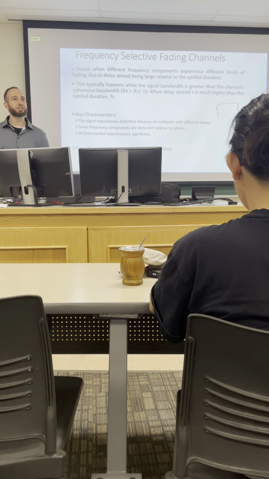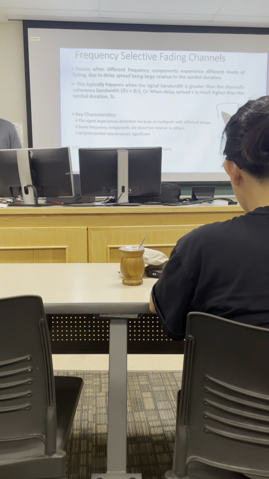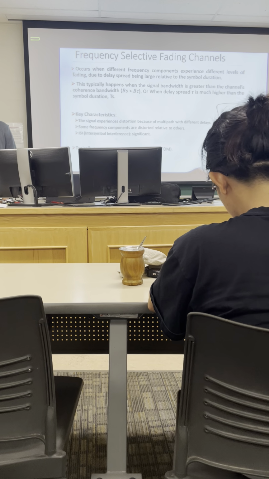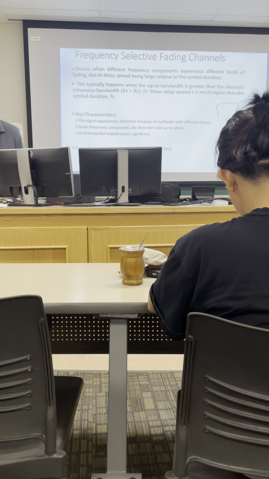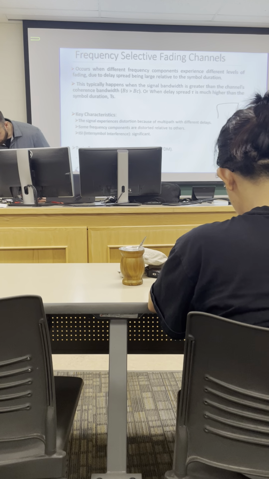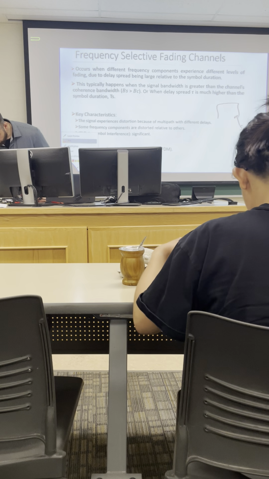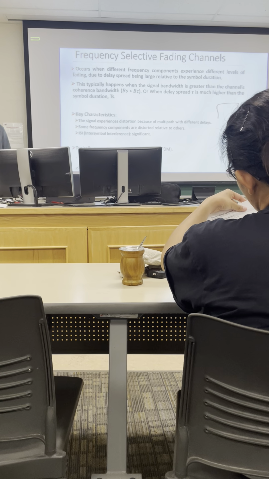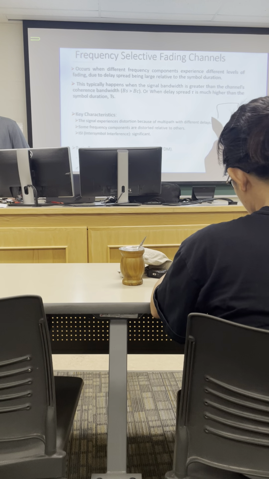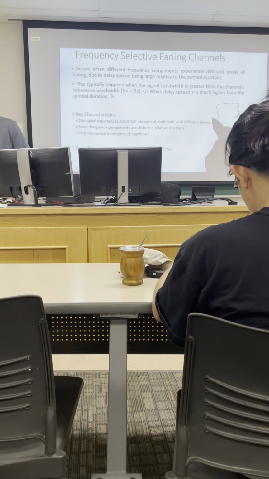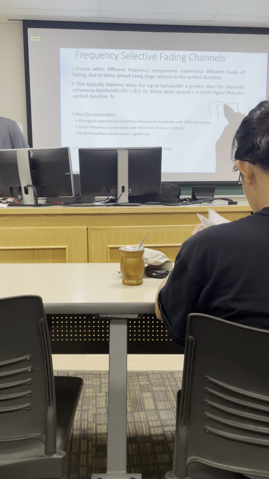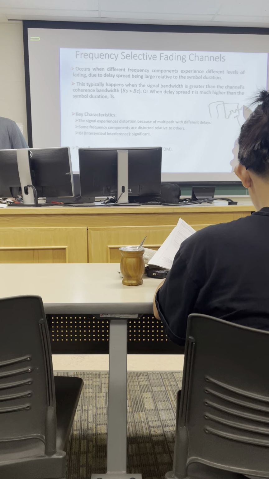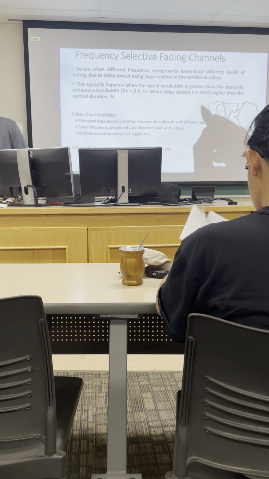Okay? So suppose that I have a channel, this is the signal. Let's change the color. How can we change the color? Green. Okay? So suppose that I have a frequency response of a channel like that. Okay, this is a channel.